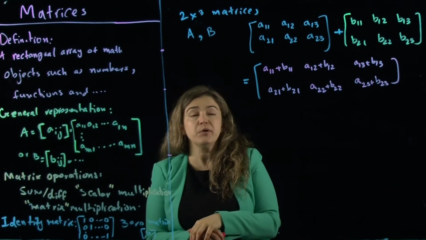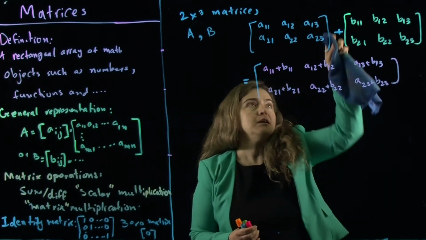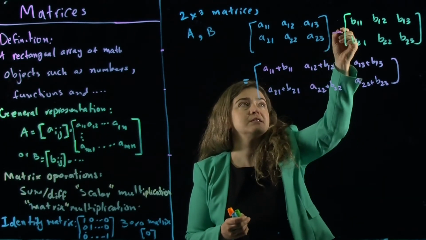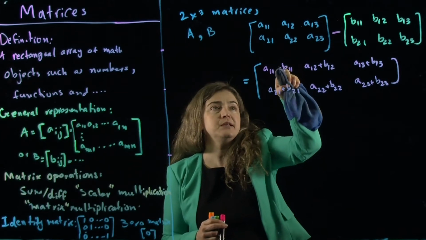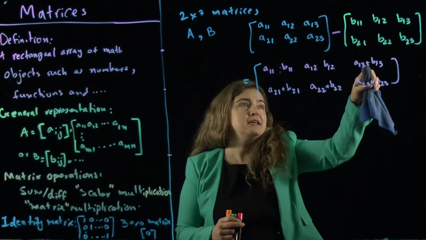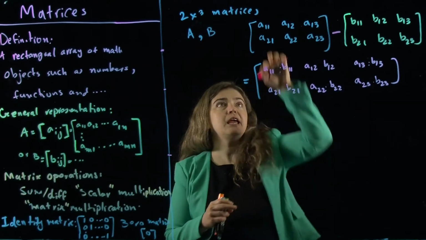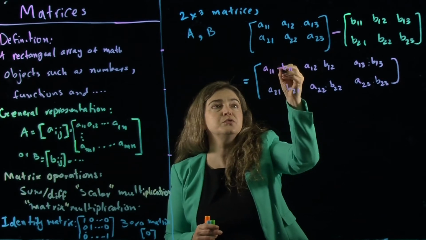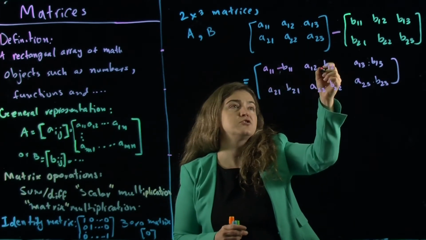Now, if I want to change and make this a subtraction, let's say instead of addition, I would like to have a subtraction. So matrix A minus matrix B. In that case, entry A1, 1 minus B1, 1 goes to the resulting 1, 1 entry.